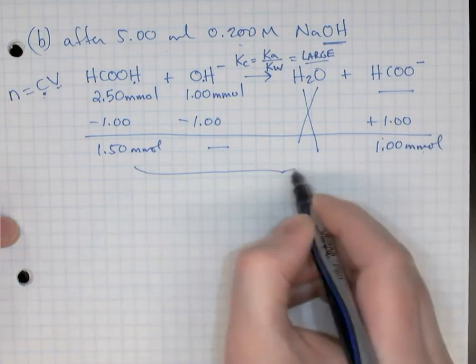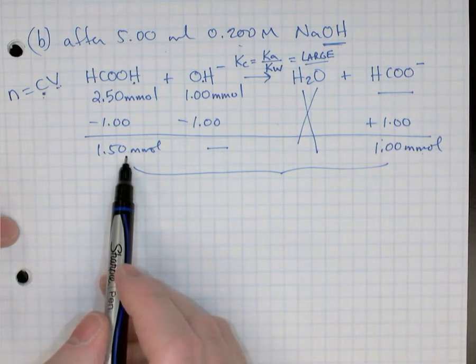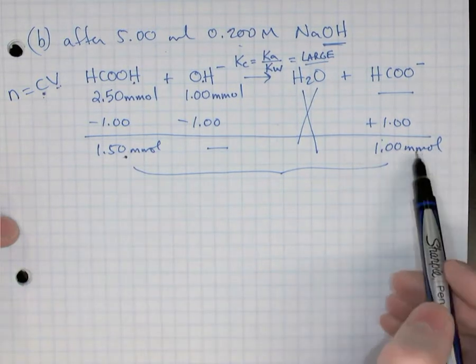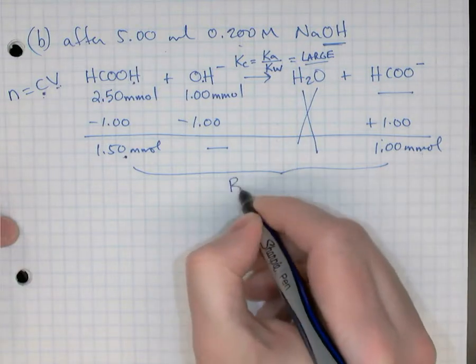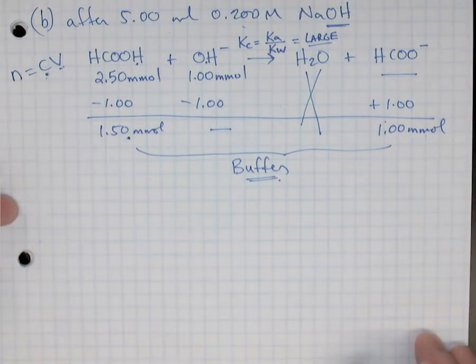So now we notice that in our beaker we have a mixture of formic acid, weak acid, with formate, the conjugate base. And that is the definition of a buffer. When you have a mixture of weak acid with its conjugate base, you have a buffer.